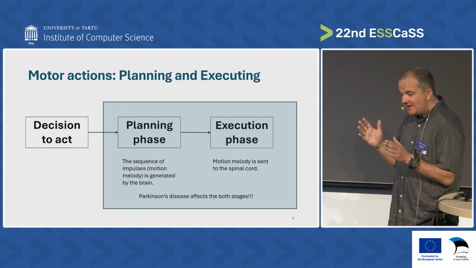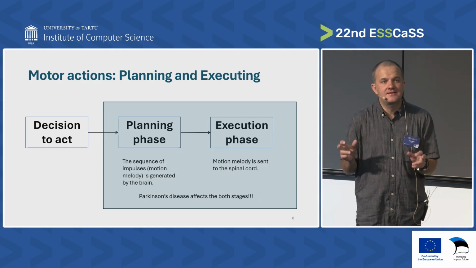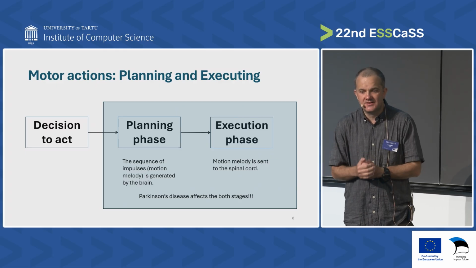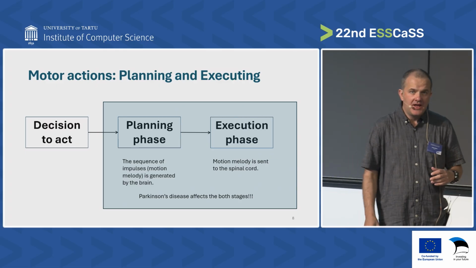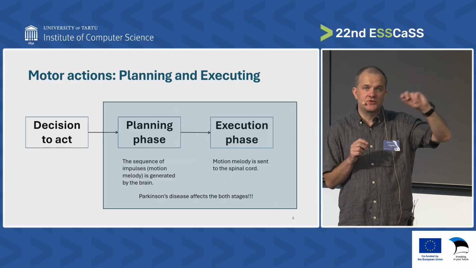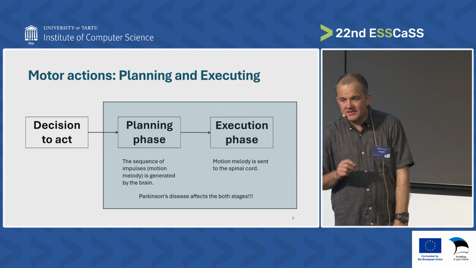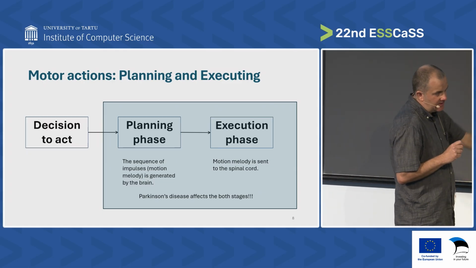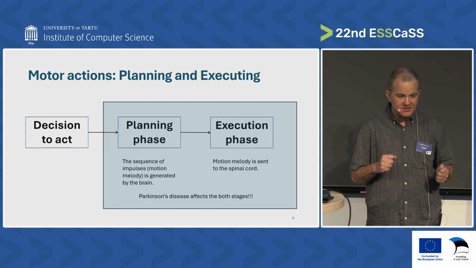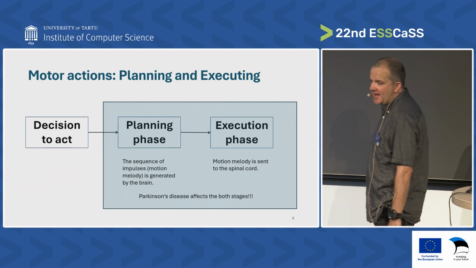Once the decision is made, we have two phases in our activities. The first is the planning phase. What happens is your brain generates a sequence of impulses which will be sent to the spinal cord. And then execution, when the sequences are sent to the spinal cord and the spinal cord starts to control muscle contractions, and then you basically walk or do whatever you decided to do.